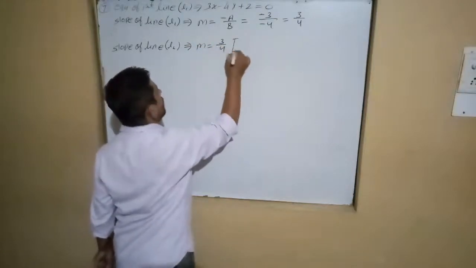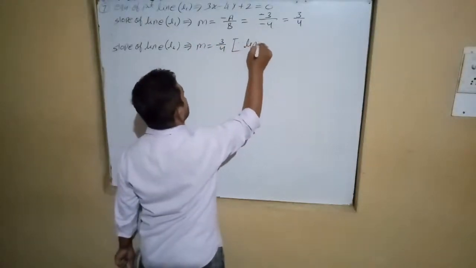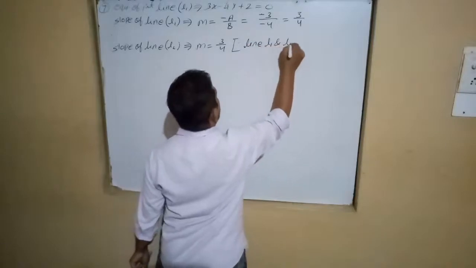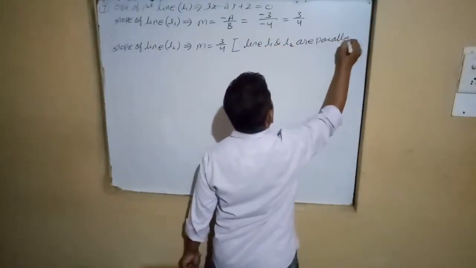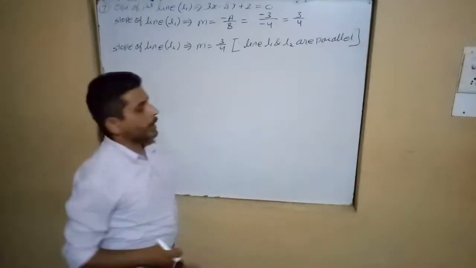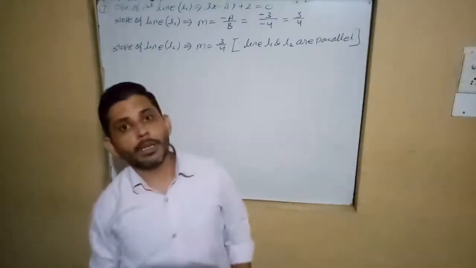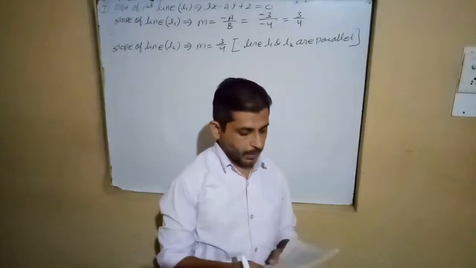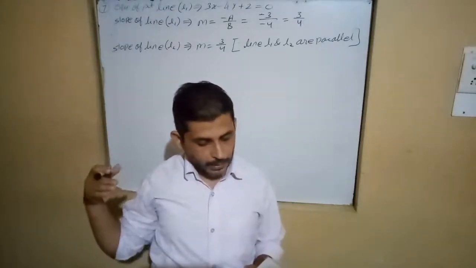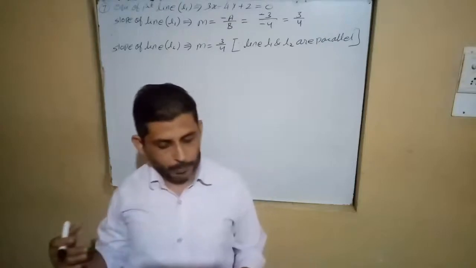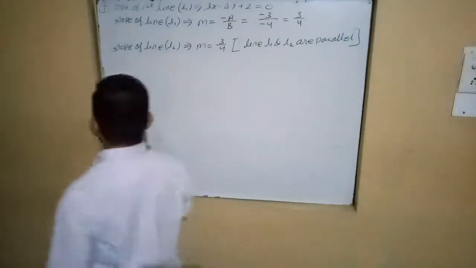This will also be the same. Why? Because lines L1 and L2 are parallel. Okay, and when two lines are parallel, their slopes will be the same. Now next, the parallel line is passing through the point (-2, 3).